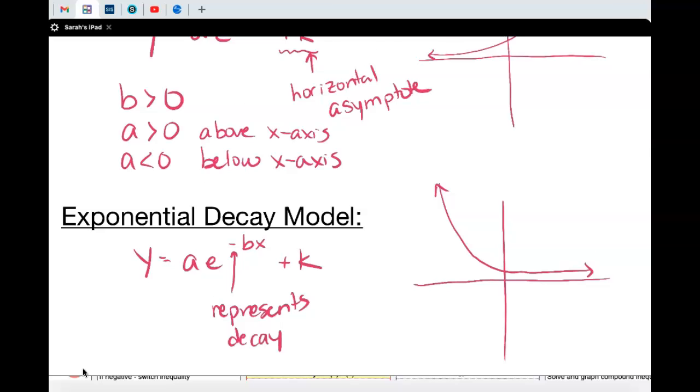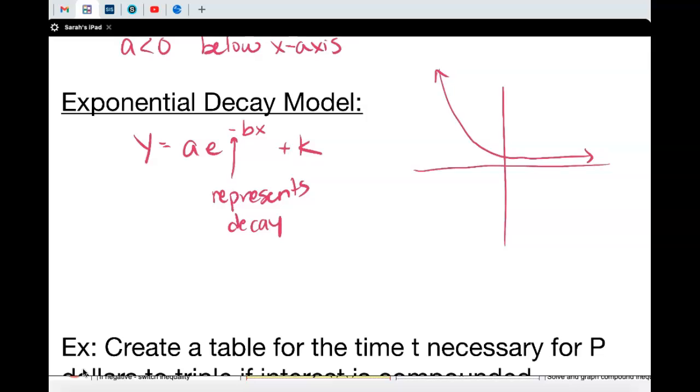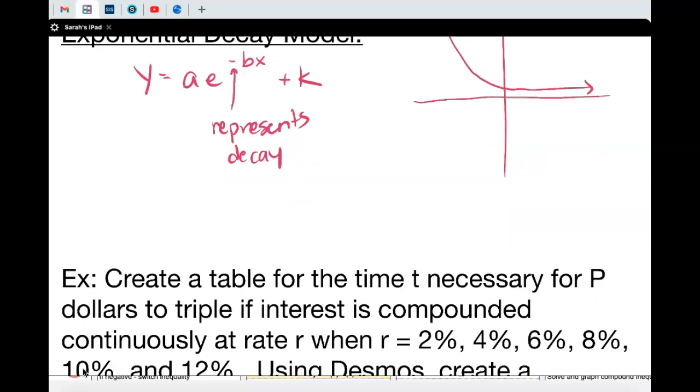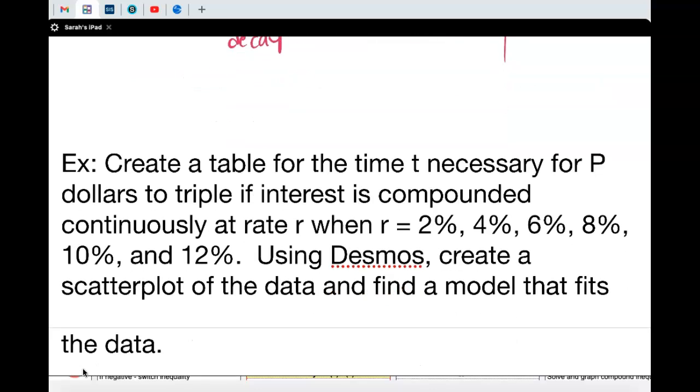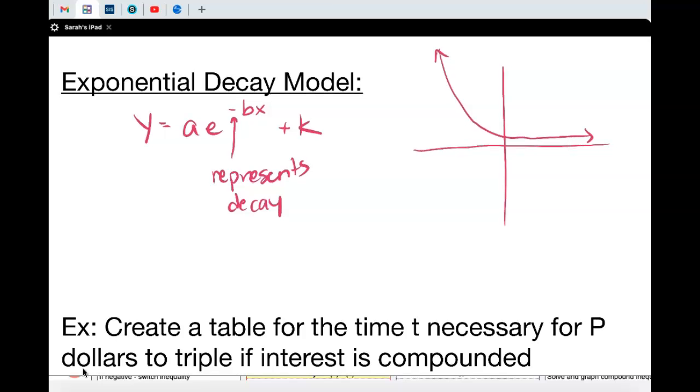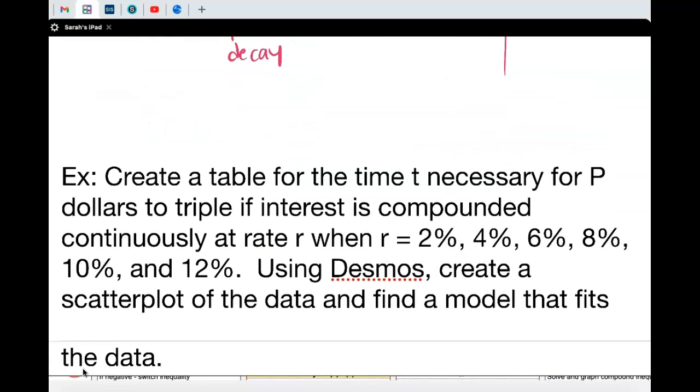Okay. We have, I think, 3 problems. Did we get that up there? Okay, so create a table for the time t necessary for key dollars to triple if interest is compounded continuously at a rate r.